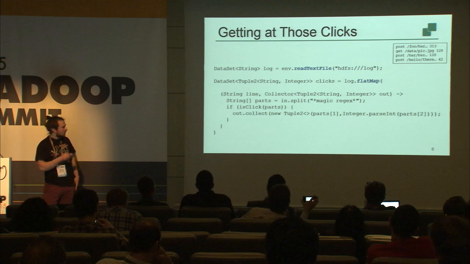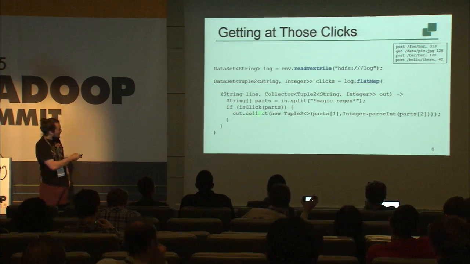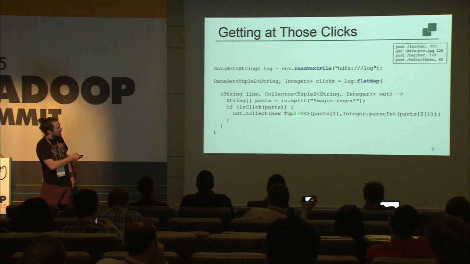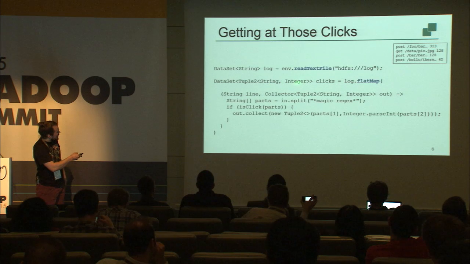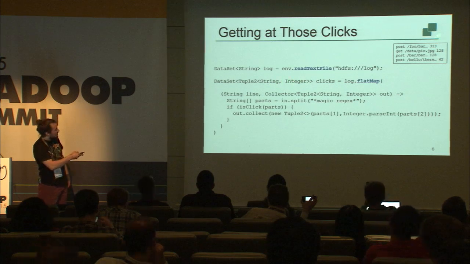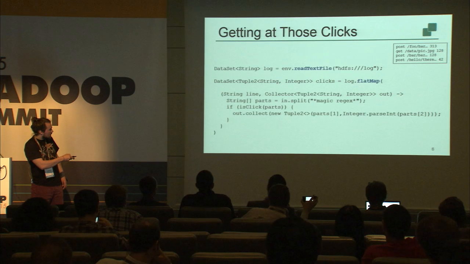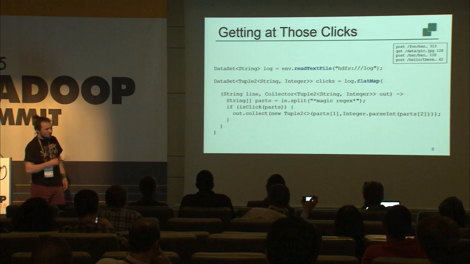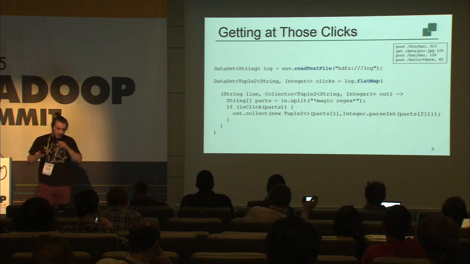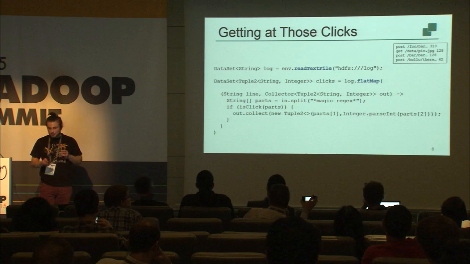Basically it's a filter on these. And then we emit it. Here we have our built-in tuple representation. So we emit tuples of string and integer, and we emit the URL, which is the second item in this split line, and we emit the user ID. So what we have now is a distributed collection of interesting URLs and user IDs.